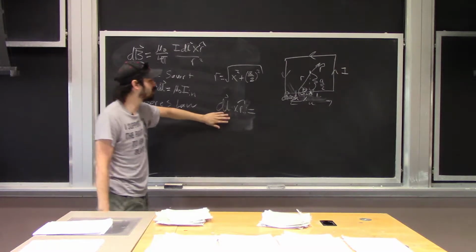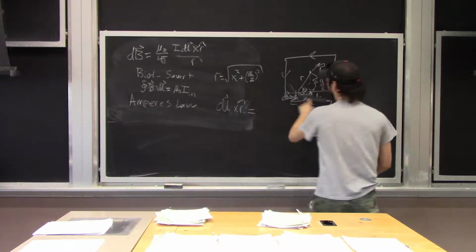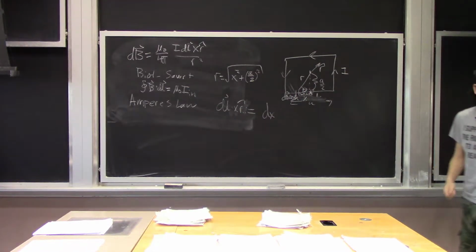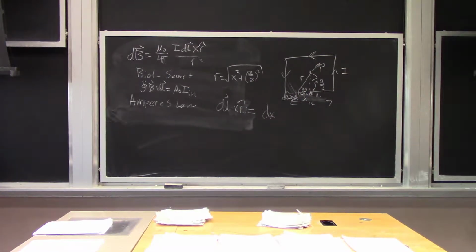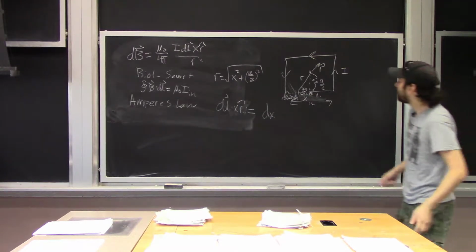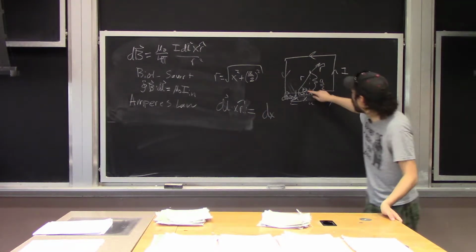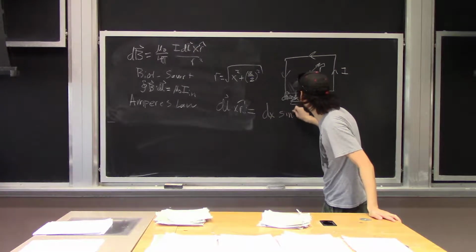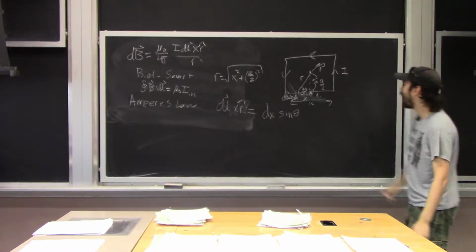The magnitude of dl is just going to be dx. The magnitude of r hat is what? It's a unit vector, so that's just 1. The sine of the angle between them, I've already labeled what that angle is, so I can write this as just sine theta times n hat.